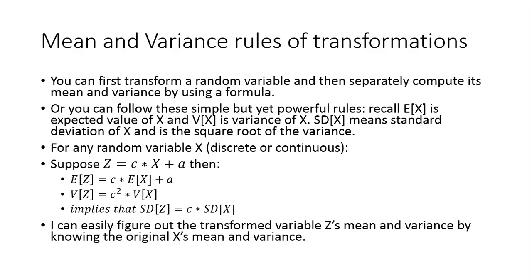Okay. Here is another interesting topic. There are some very powerful rules in this case. Suppose I'm interested in finding out the mean and the variance of a transformed distribution. So you can first transform a random variable and then separately compute its mean and variance by using a formula.